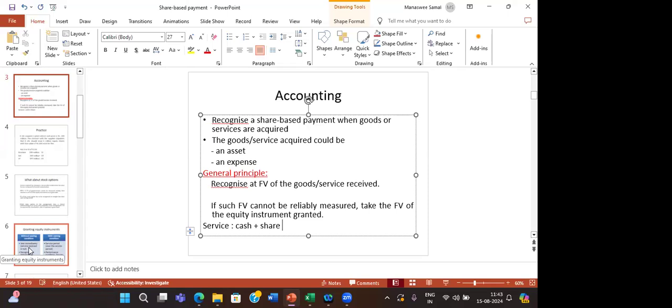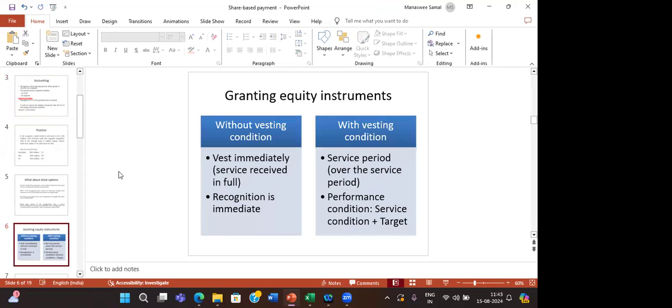Then coming to the specific discussion on stock options granted. When you are granting equity instruments, please don't fall into the trap of thinking that whenever an employee, a director, or anybody is rendering service, eventually the company only gives stock options and later on these people opt for the shares. No, not that way.